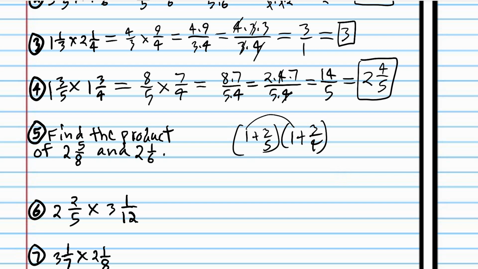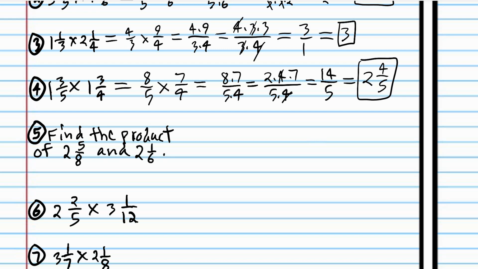You'd have to multiply these two numbers and these two numbers and these two numbers and then add them all up, and it would be very difficult. So it's much easier. And what I just showed you, you're not going to learn until the course after the next one, which is beginning algebra, also called Algebra 1.